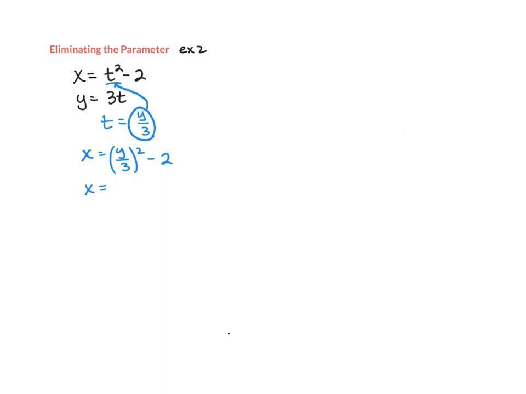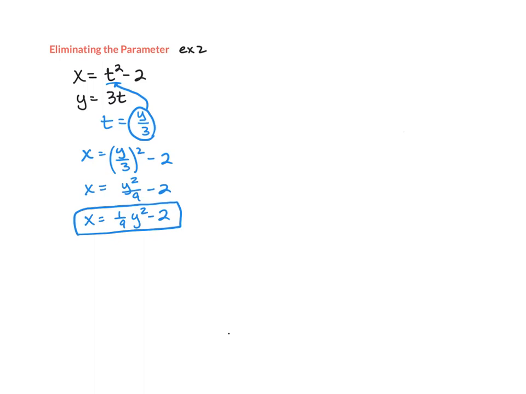We'll continue to simplify. x equals y squared over 9 minus 2. And I'm going to finish up writing it this way, 1/9 y squared minus 2. And I imagine you probably don't like the looks of that very well. Instead of y equals, it's x equals.